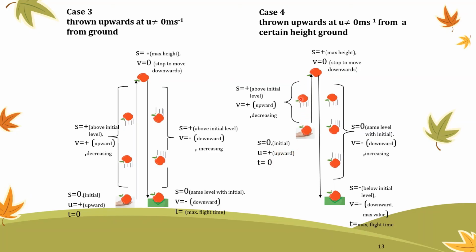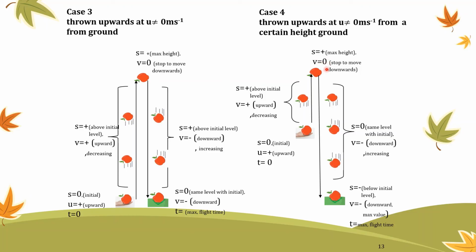As it goes upward, the displacement s will increase, and the value is positive because it is above the initial level, and the value of v decreases but is still positive because it moves upwards. And when it reaches the maximum height, the displacement is maximum positive because it is above the initial level, and here v equals 0.